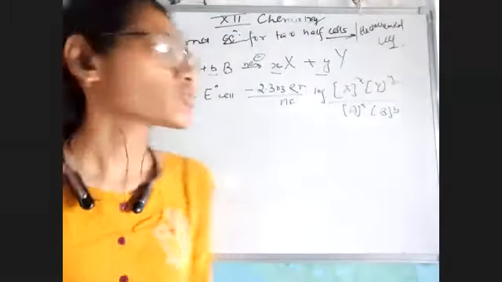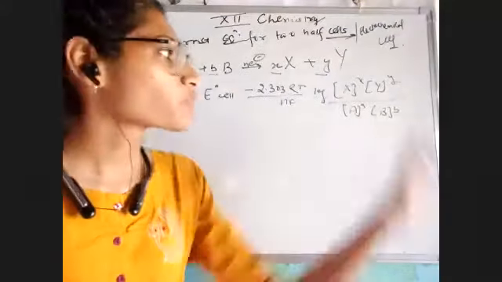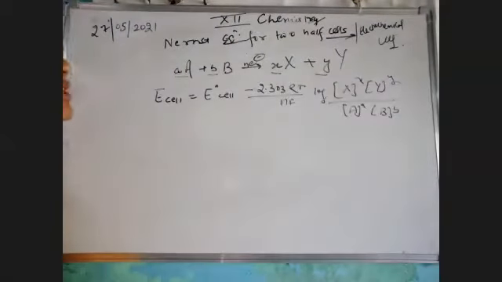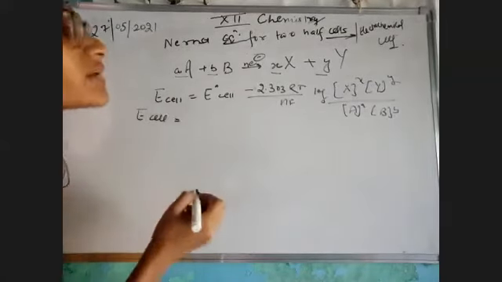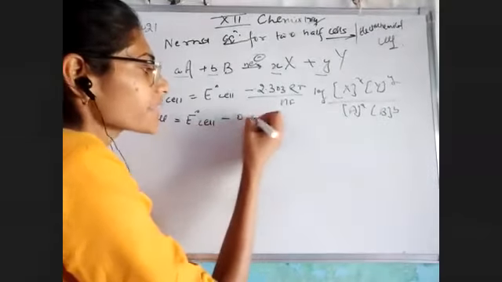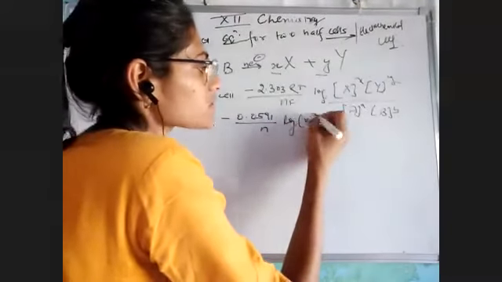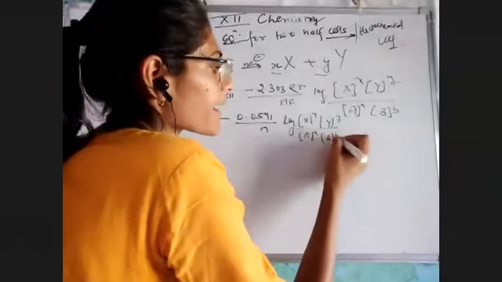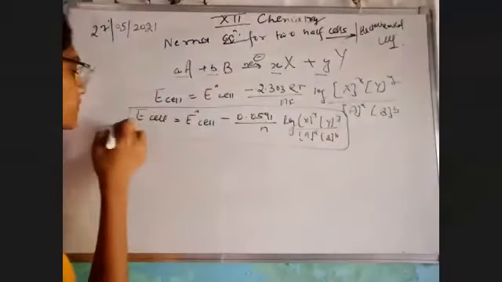Am I clear? This is a point we have studied in our lower classes also, that is product divided by reactant. Okay, now this is my final Nernst equation, same as it is. After putting all the values of R, T and F, we would get E cell equals E naught cell minus 0.0591 divided by n log X, Y divided by A, B, with their coefficients put as their powers.